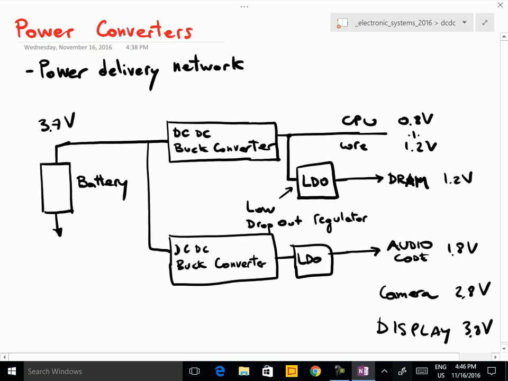Okay, and again, in order to provide this voltage to these blocks, you typically have, for example, from the battery to the display, a so-called step-up converter, a boost converter, because the voltage on the display is higher than the voltage that you have on the battery. So you need to provide an increased voltage.